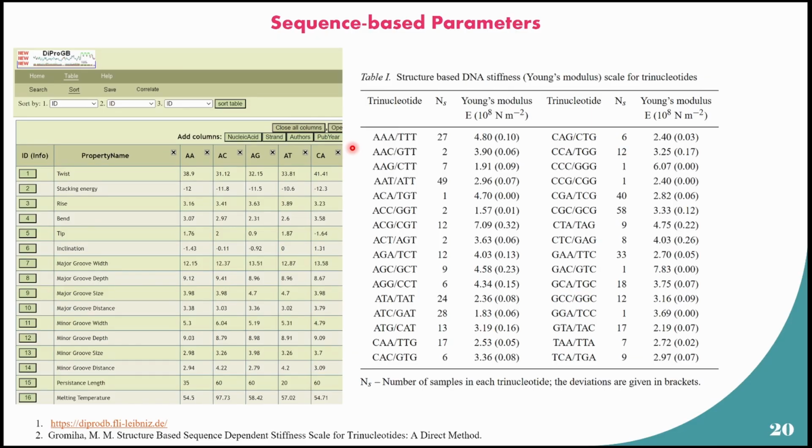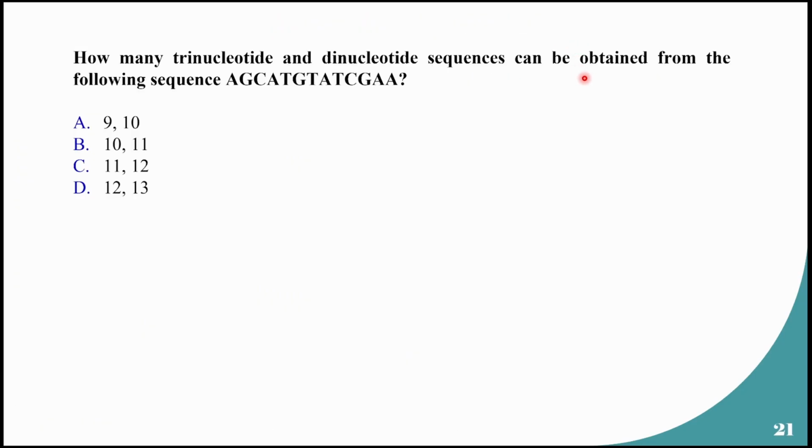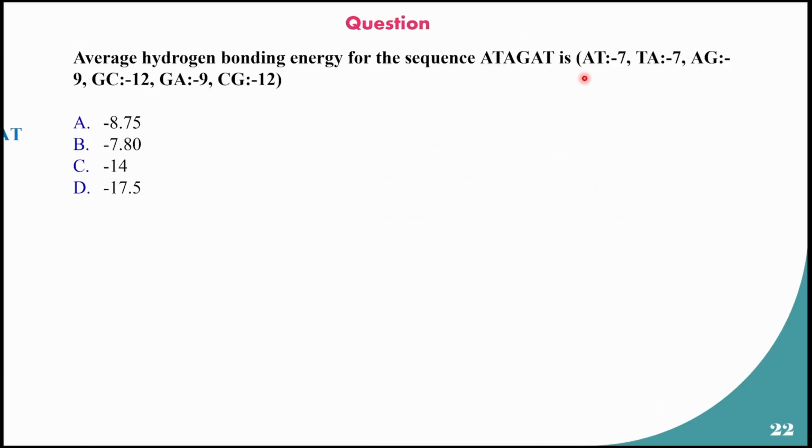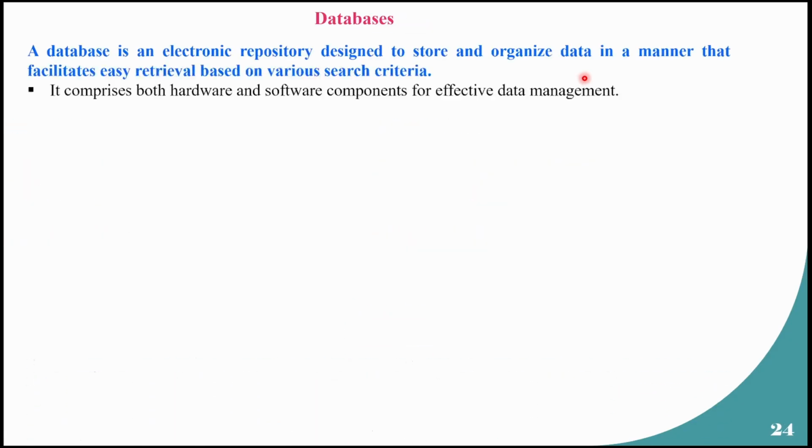So due to the unavailability of a large amount of data, your calculations will be void in that sense. For example, in this case you see that some trinucleotides already have only a limited number of samples for certain parameter calculations. So increasing the number is not always good. You can keep it between 2 and 3 so that you get good accuracy, as well as enough samples for your data. So these were the things that we went over: sequence-based parameters and the numerical calculations.